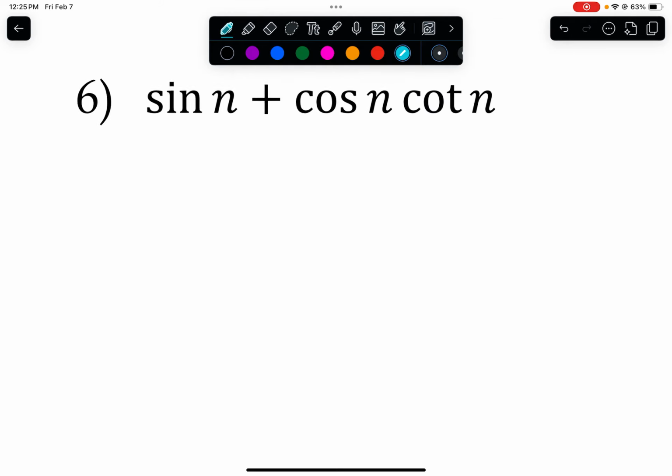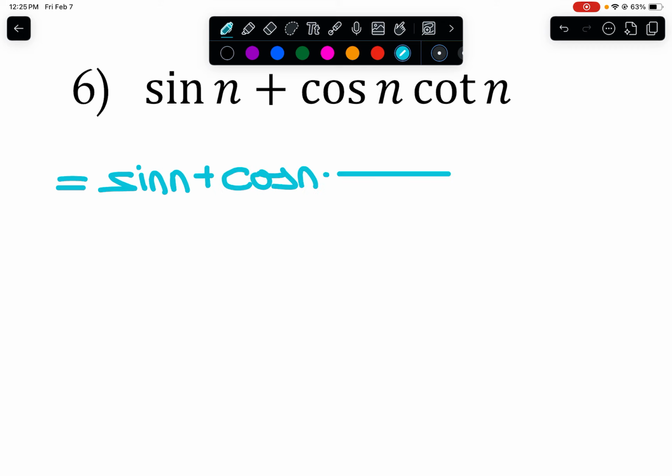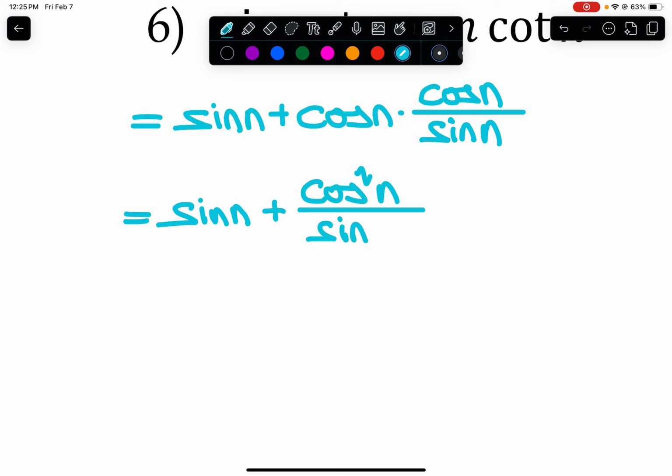Anyways, with this one, we have sine n plus cosine n times cotangent n. So once again, I'm going to focus on rewriting everything in terms of sine and cosine. So sine n plus cosine n, and then cotangent I'm going to rewrite as cosine n over sine n. So when I rewrite, I'm going to multiply my numerators together. So this will be sine n plus cosine squared n over sine n.